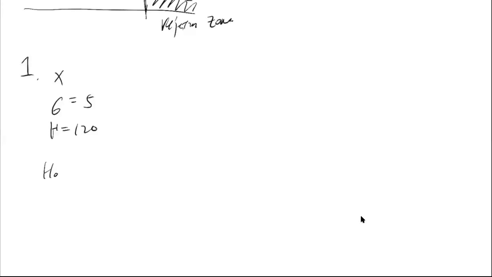Explicitly, the null hypothesis is mu equal to 120, and the alternative hypothesis is mu greater than 120. So what does that mean?